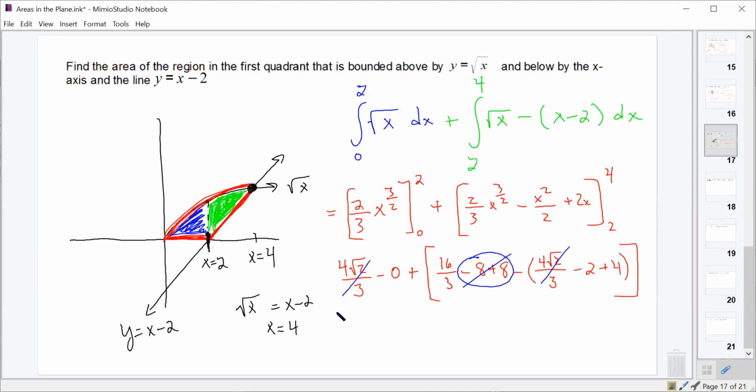So effectively, I'm just left with 16/3 minus negative 2 plus 4, or 16/3 minus 2, or 10/3 units squared. Good or no? Any questions or issues with that?